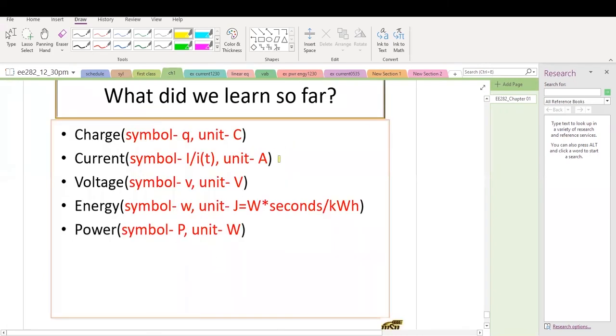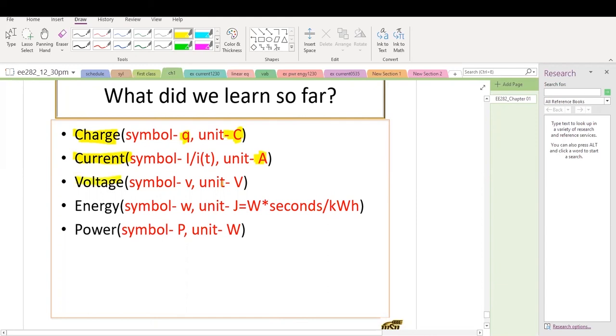So let's do a summary for the units. We learned charge, the unit is coulomb, and the symbol is small q, right? We learned current, the unit is A, either big I or small i, depending on whether it is DC or AC current.